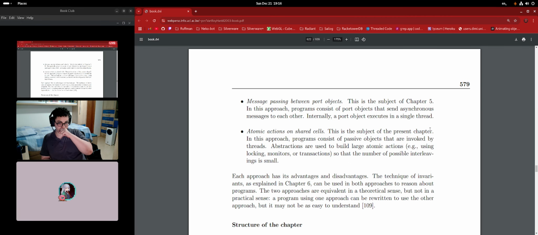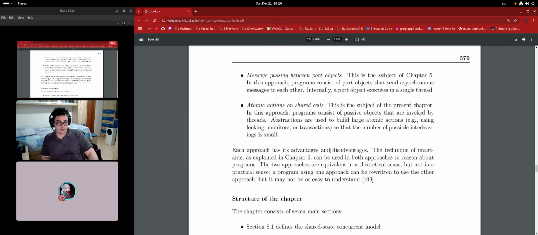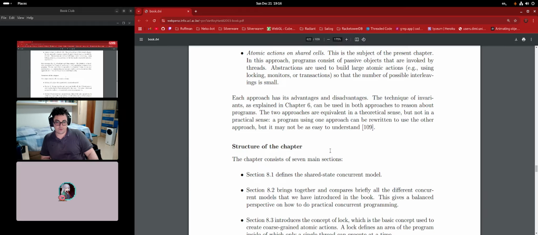But a port object executes in a single thread, so there's this caveat. It's going to talk about how message passing is usually associated with multi-agent programming. And then we have atomic actions on shared cells, which is what we're going to be talking about. There are advantages and disadvantages, and we're going to talk about that too.